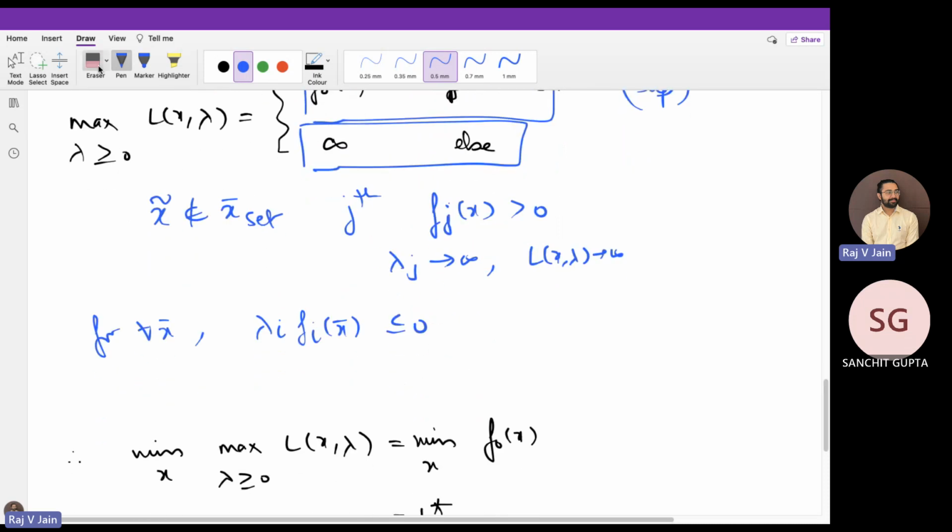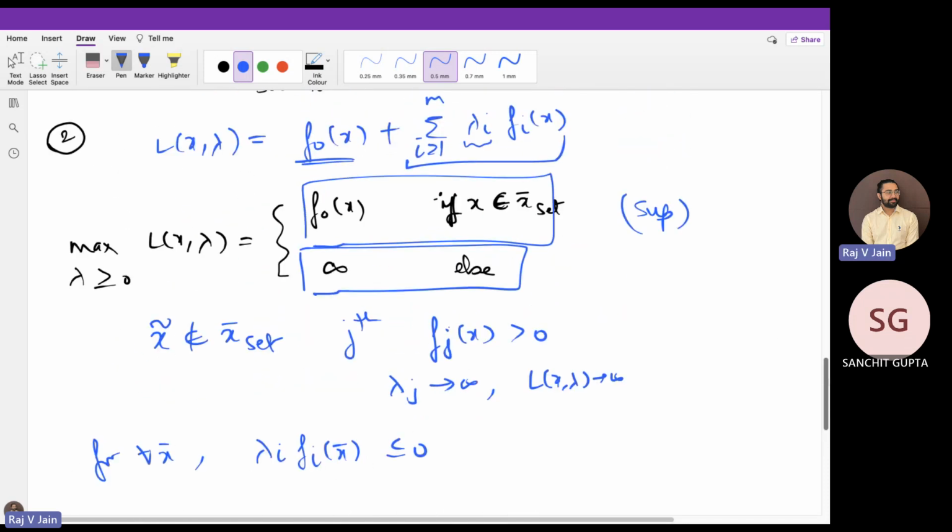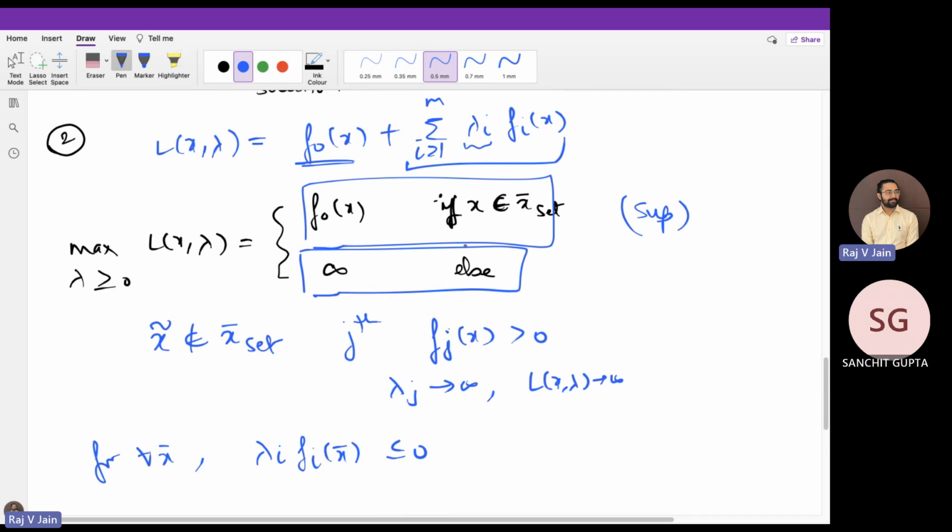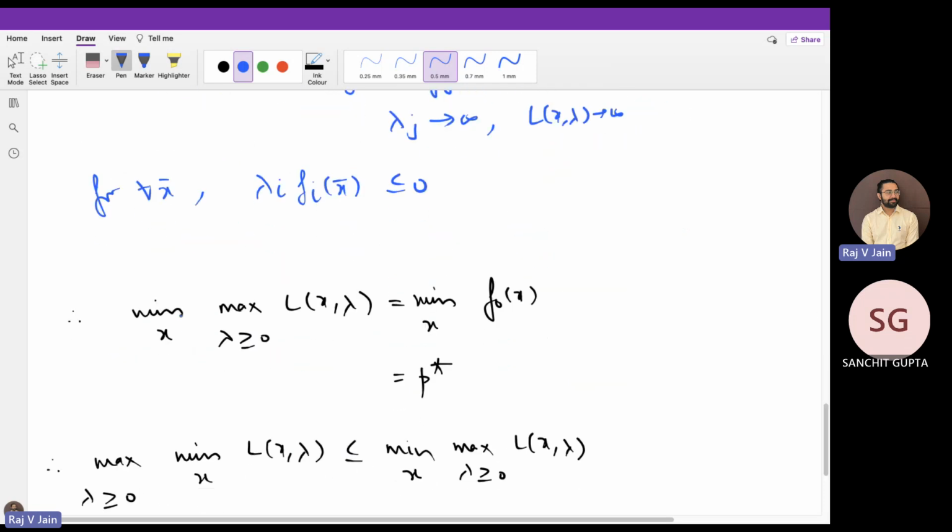Now if I were to minimize over x, because it's infinity outside, the minimum will just be the minimum of f naught of x. So the minimum over x of the maximum of this quantity equals minimizing f naught of x, which is nothing but p star. That's exactly what we got.